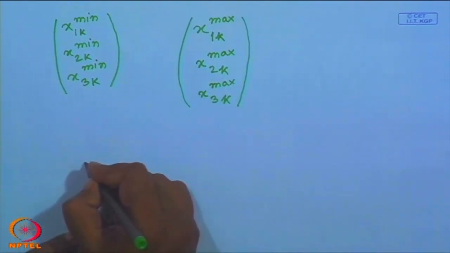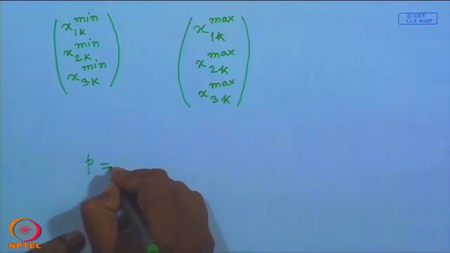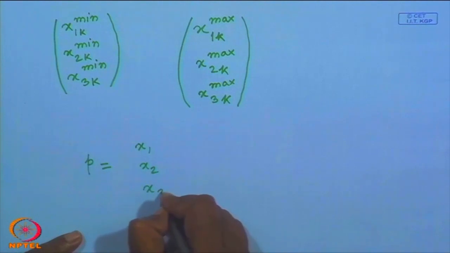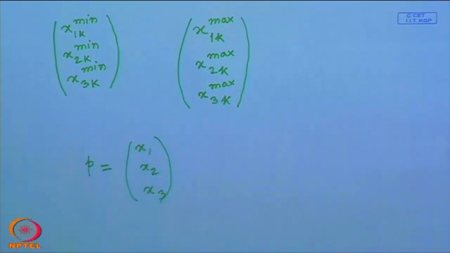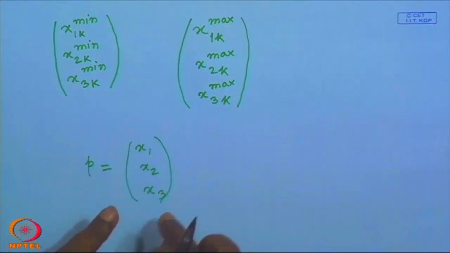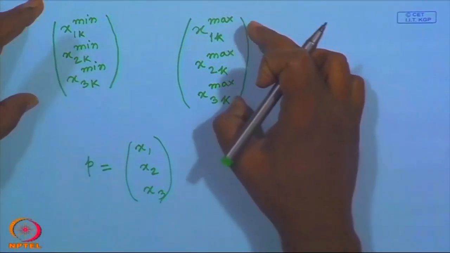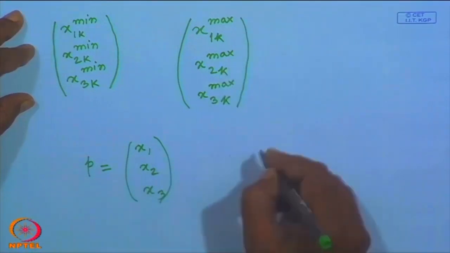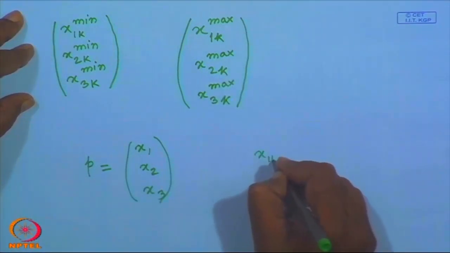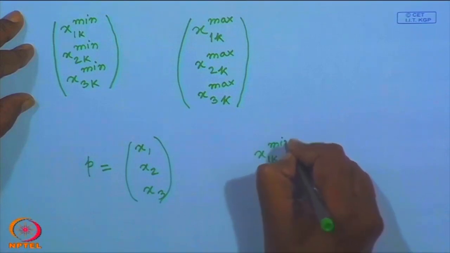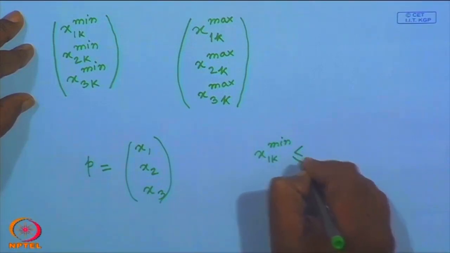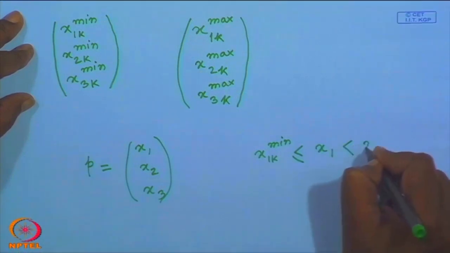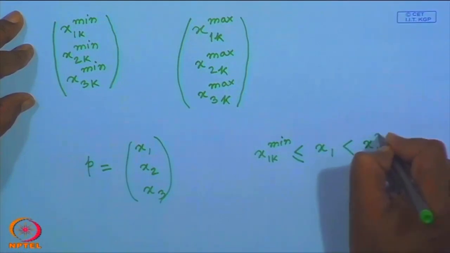Now, any point P at x1, x2, x3, if it has to lie within this kth bin in 3 dimension, I must have the condition that x1k min must be less than or equal to x1, which must be less than x1k max.